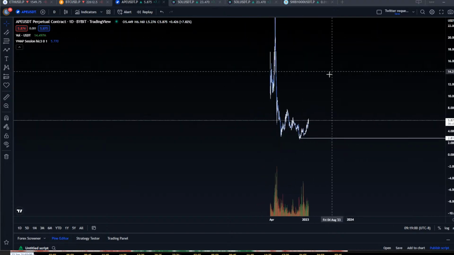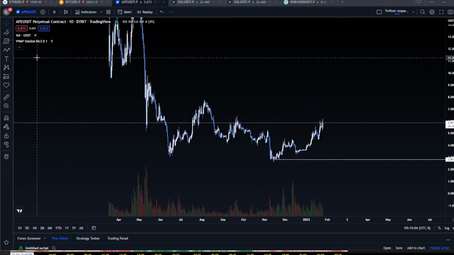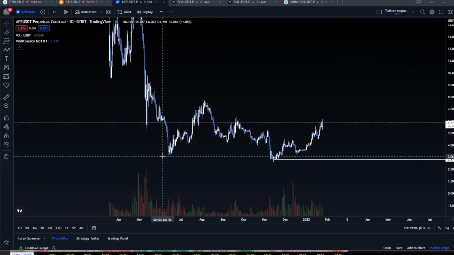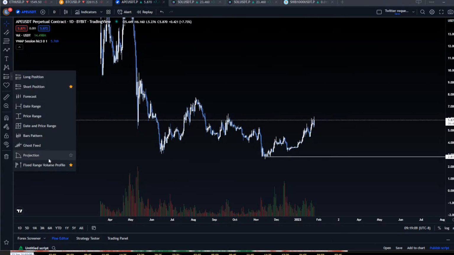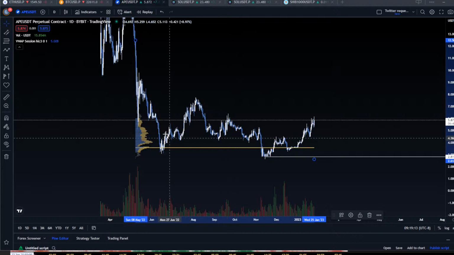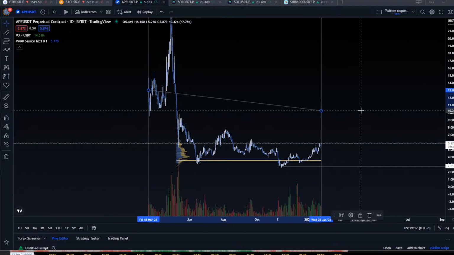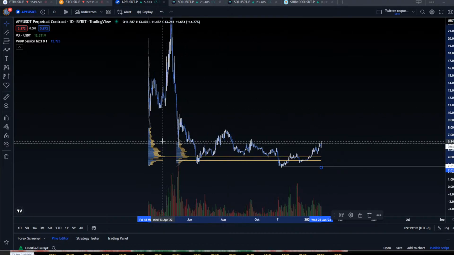This was a high time frame short idea, or low time frame short idea at the time. I'm only going to pull the volume profile locally here. Let's just pull it over the whole thing. That shouldn't be so different.